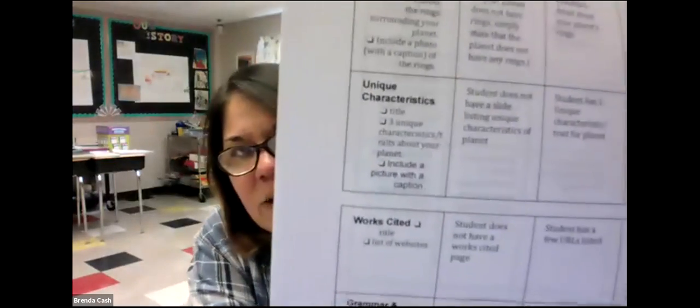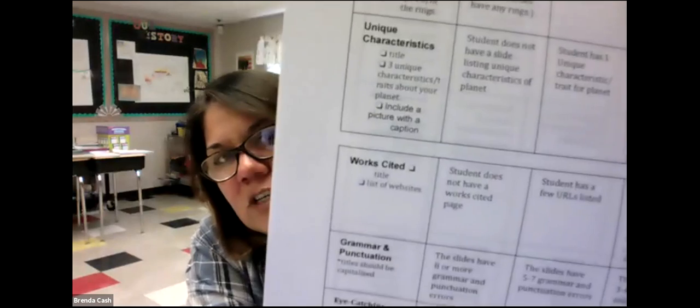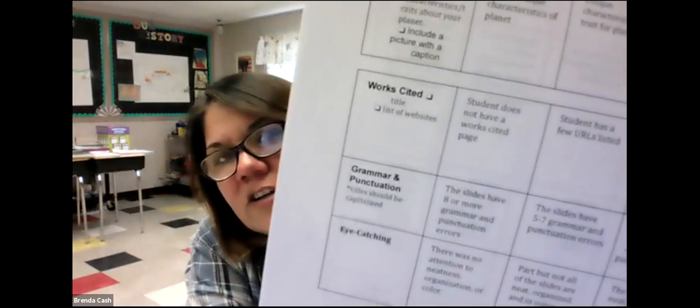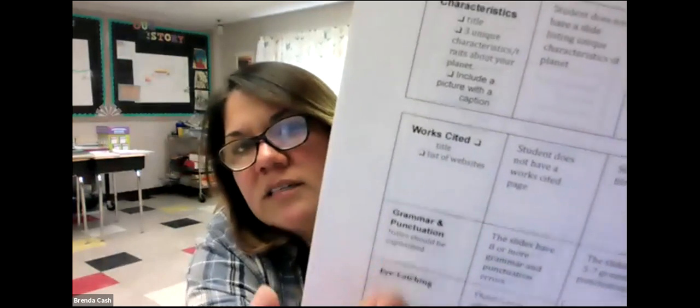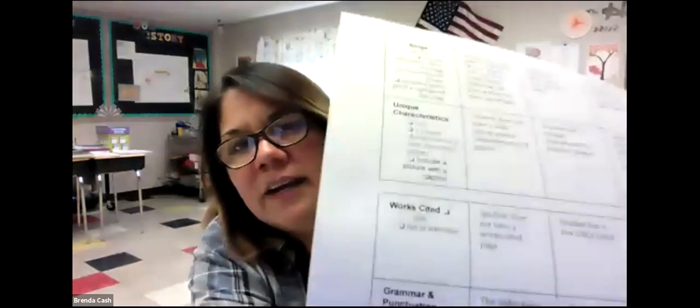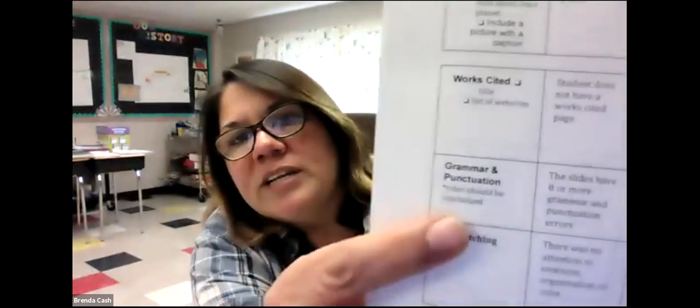Yeah. Thank you, Leroy. Now, there's also on here on the back, very last page, it talks about unique characteristics, which Leroy just went over. And then there's a works cited page. So Leroy needs a works cited page. What is that? Right here. Trying to point to it.